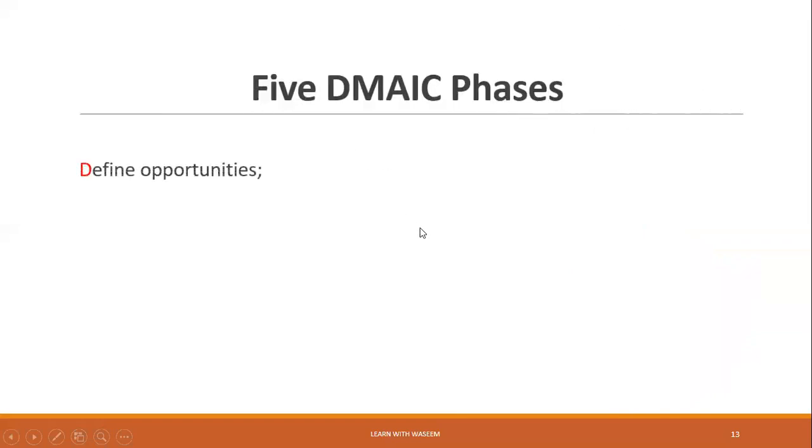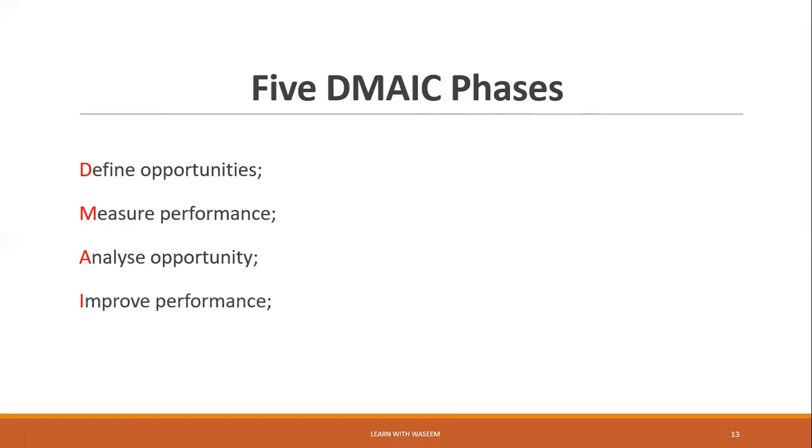As I have mentioned in the previous slide, DMAIC has five phases. The first one is define. Define means define opportunities. Okay, and then you will have to measure the performance. The third one is to analyze the opportunity and improve the performance. And the last one is to control the performance.